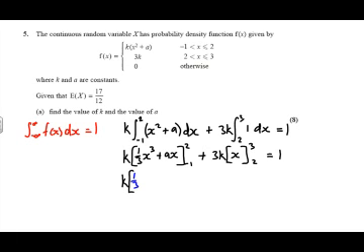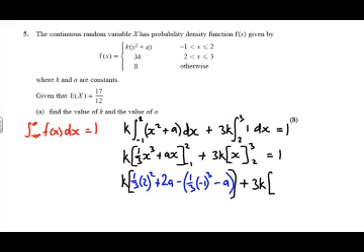So here I'm going to get a third of 2 cubed plus 2a, and from that I'm going to subtract, being really careful with these negatives, a third of negative 1 cubed minus a. This bracket is simply going to be 3 minus 2, equal to 1. Let's try and resolve this, just neaten it up.